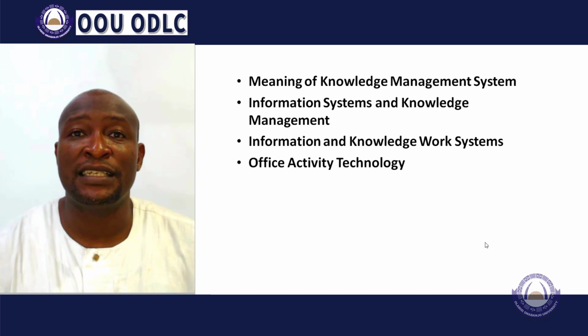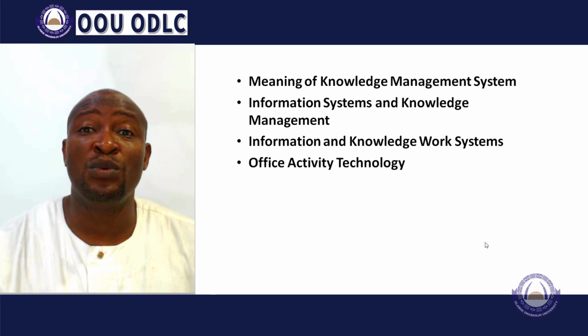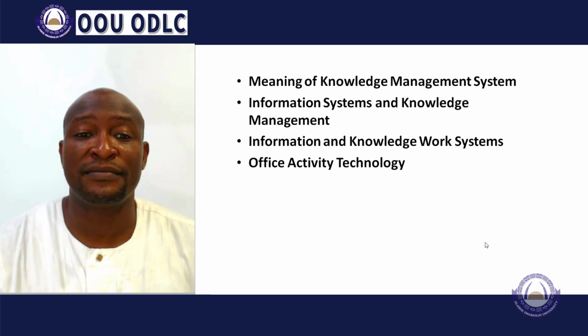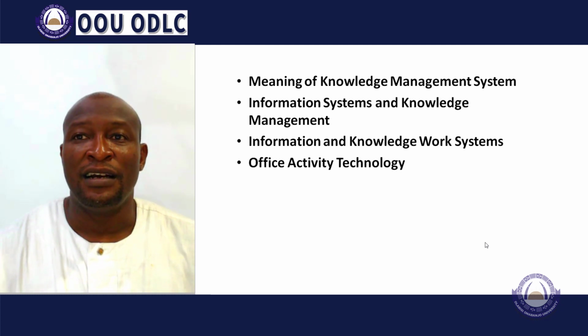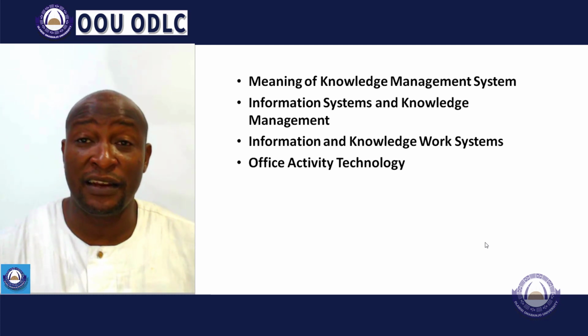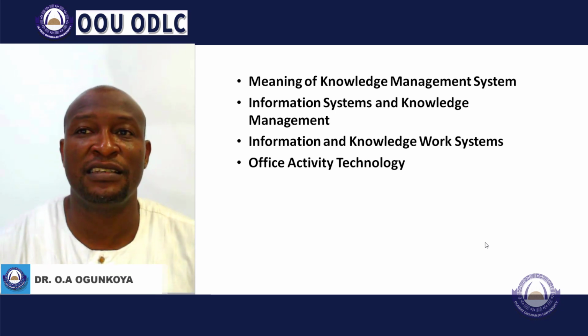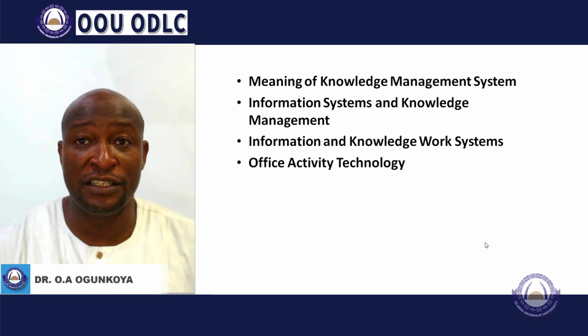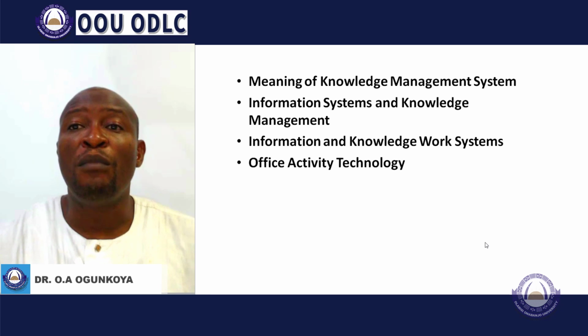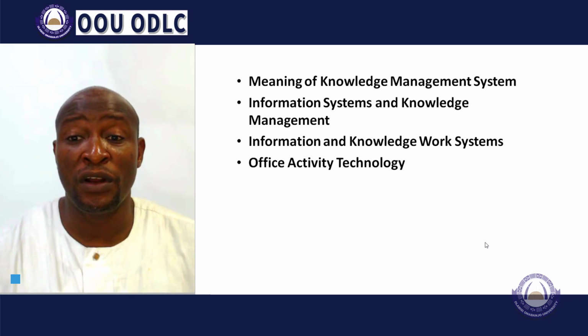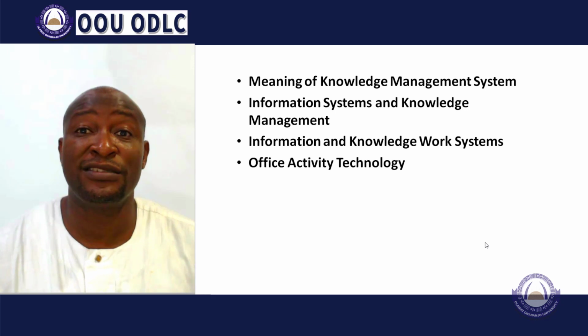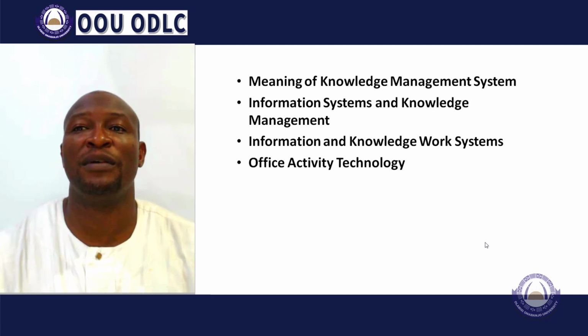The knowledge work systems, the KWS, support the creation and integration of new knowledge that is beneficial to the organization. One could argue that the most important element of the KWS is the tacit knowledge that resides in the minds of employees.